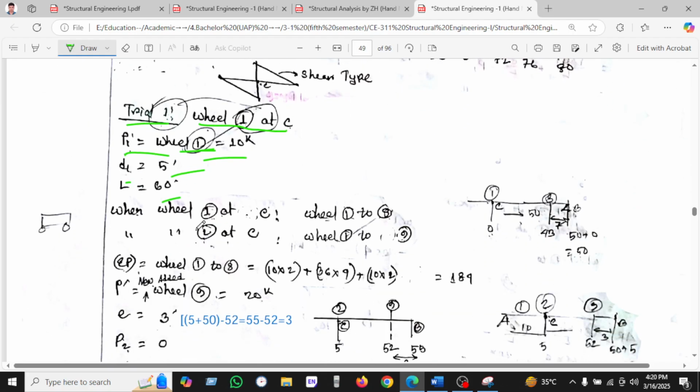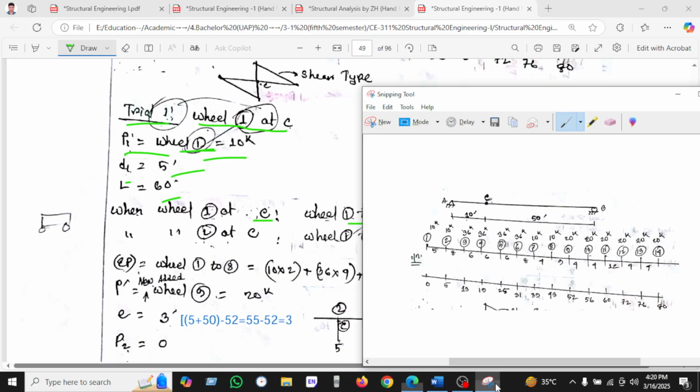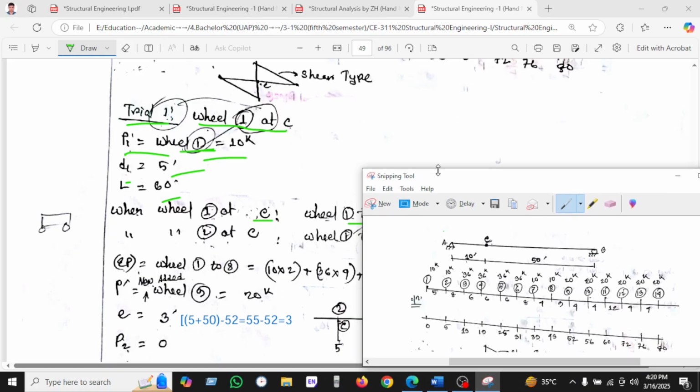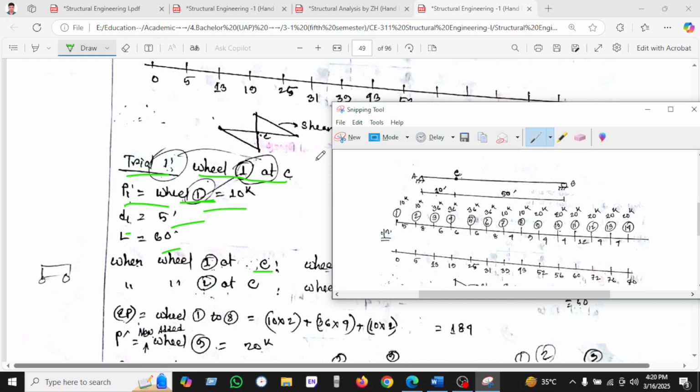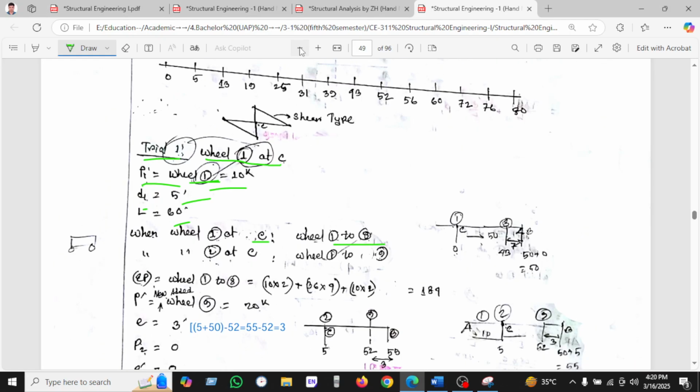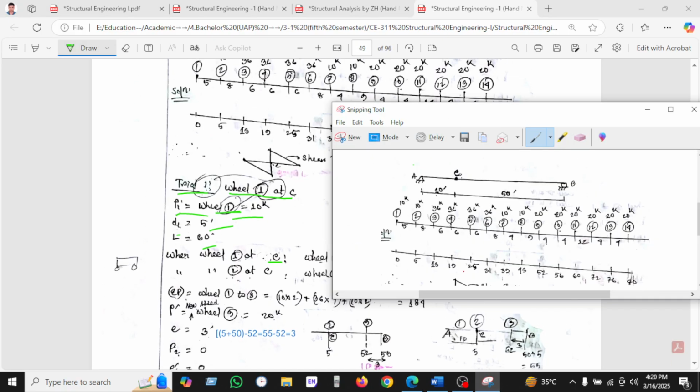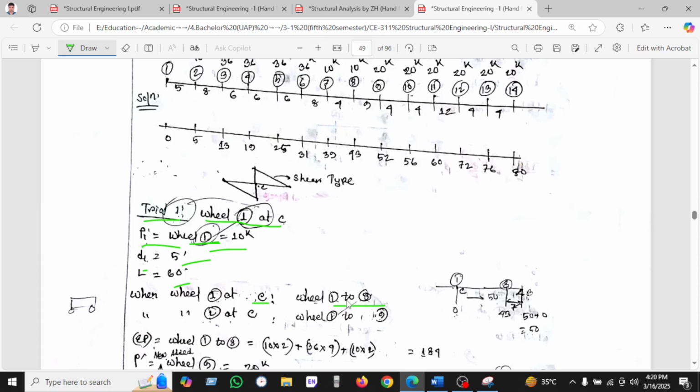Now we have been seeing wheel 3. Sorry, when I set wheel 1 at C, then wheel 1 to 8.